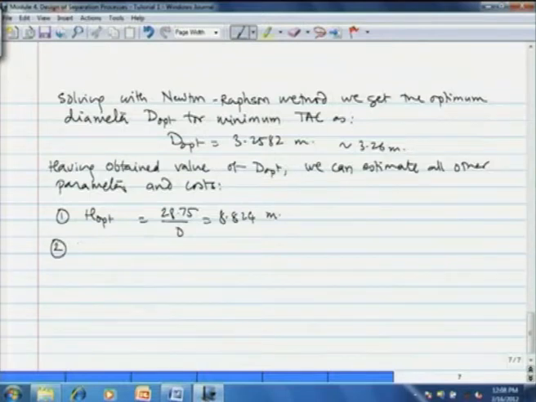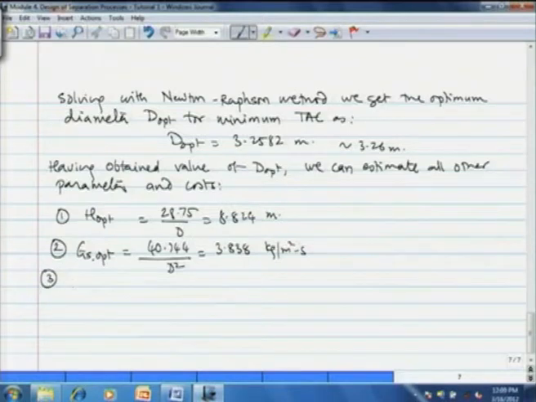Then GS opt, it is 40.744 by D square, and again putting D equal to 3.2582, this comes out to be 3.838 kg per meter square per second.